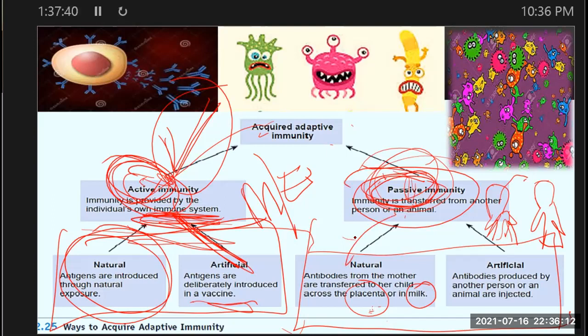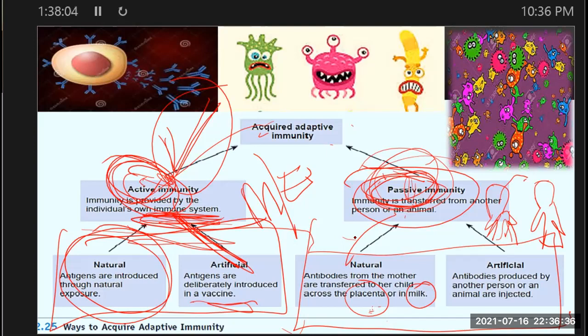How can we achieve this one? Usually, it begins with vaccinating an animal such as a horse. After the animal's immune system responds to the antigen, antibodies are removed from the animal and injected into the individual requiring immunity. In some cases, a human who has developed immunity through natural exposure or vaccination is used as a source of antibodies.